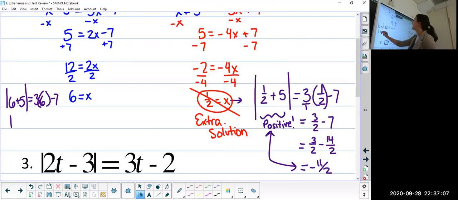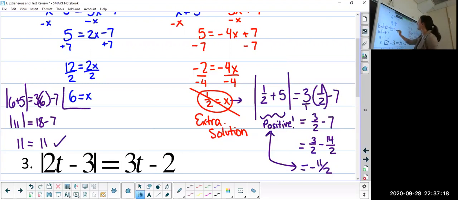So I've got absolute value of 11 equals 18 minus 7. Well, absolute value of 11 is 11. 18 minus 7 is 11. Sure enough, this solution is good. So even though you do come up with 2 answers for x, one of those is not an answer. One of those is extraneous.